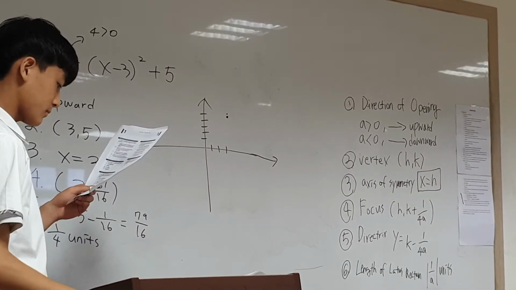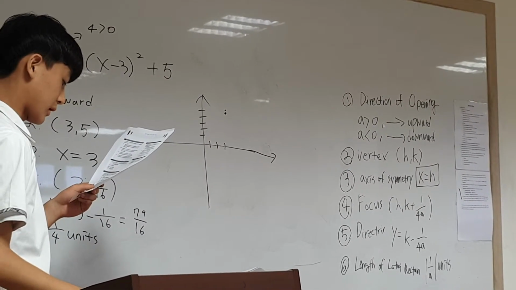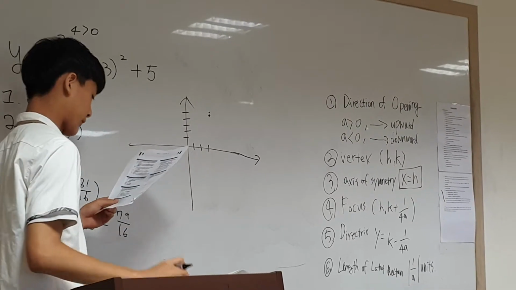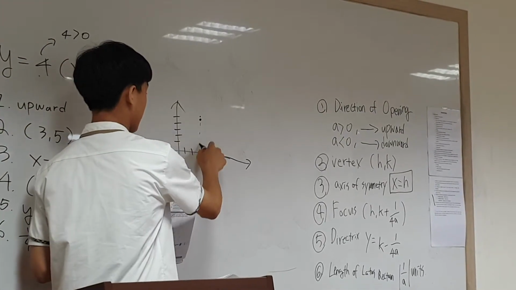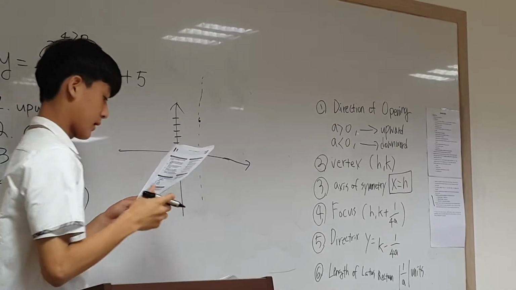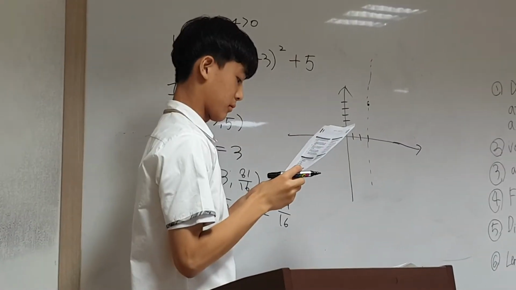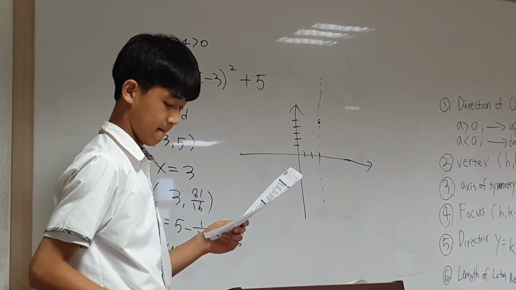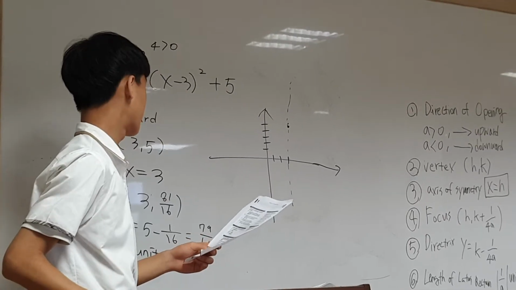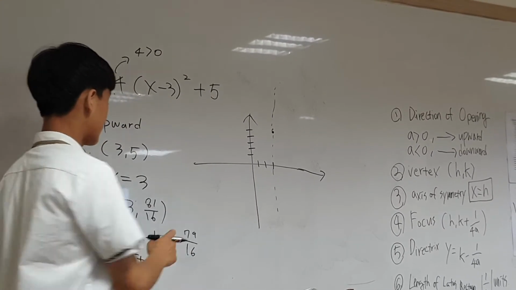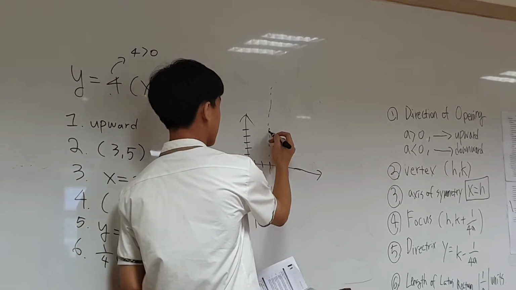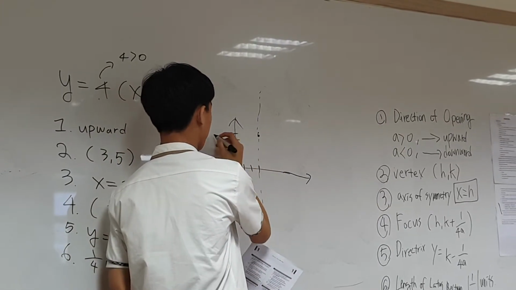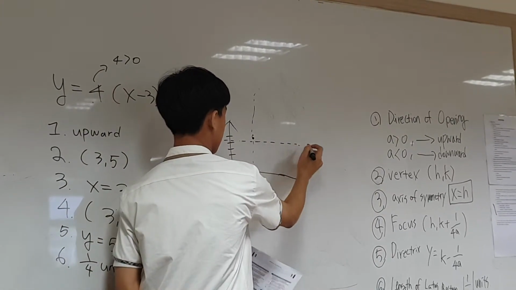The next one would be the axis of symmetry, which would definitely be x is 3 right here. The number 4, focus, we did it. The directrix would be y is 79 over 16, which is a little bit lower than 5, so it would be something like this.